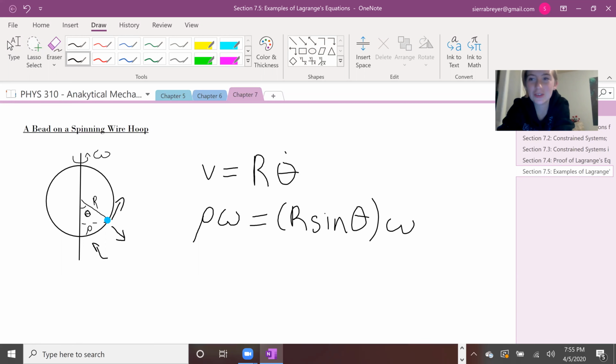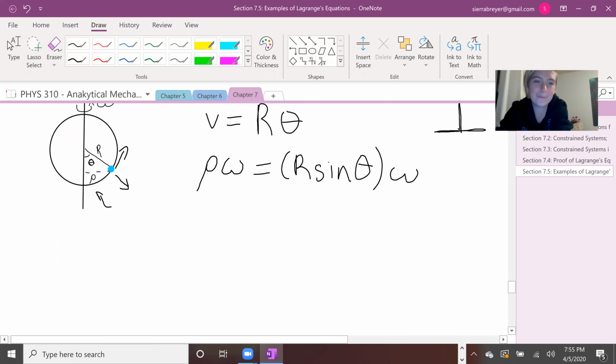So just for stating purposes, these two are perpendicular. Orthogonal is probably a better term for them. Either way, we're going to remember that.